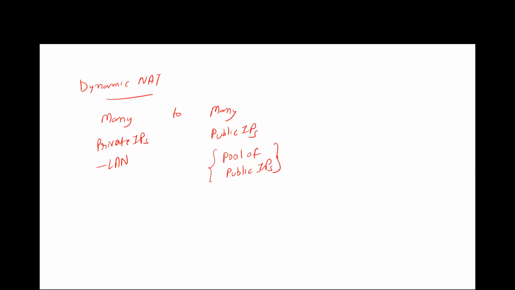Whenever there is a request coming from one of your LAN computers, the firewall can use an IP address from this public IP pool and do the translation.